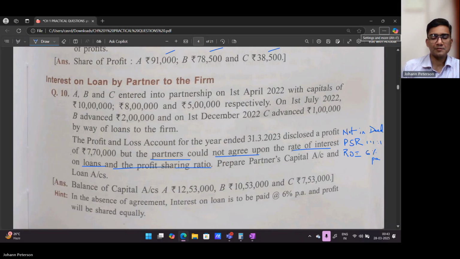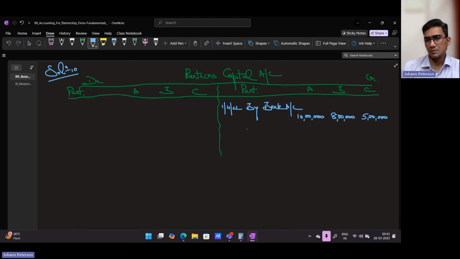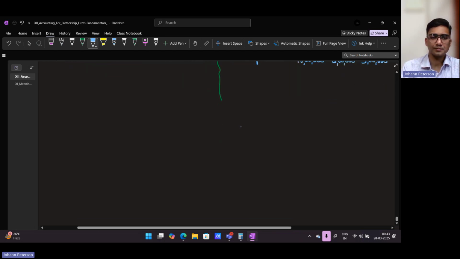Then on 1st July 22, B advanced 2 lakh and C advanced 1 lakh by way of loans to the firm. Okay, so we are going to make the loan account also. This is asked. So partner's loan account.